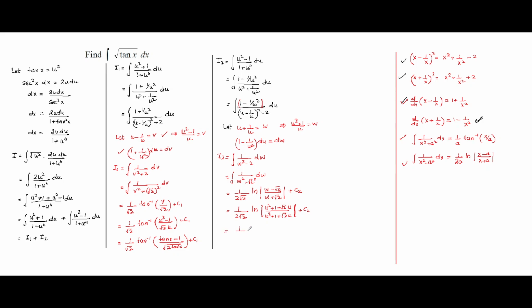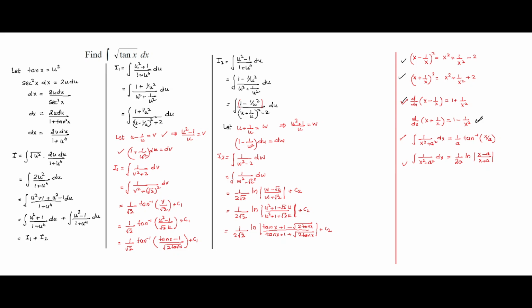Now we shall plug in the value of u. We know the value of u is square root of tangent x. So u square will be tangent of x plus 1 minus root 2 tangent of x whole over tangent of x plus 1 plus square root of 2 tangent x, and then plus c2.